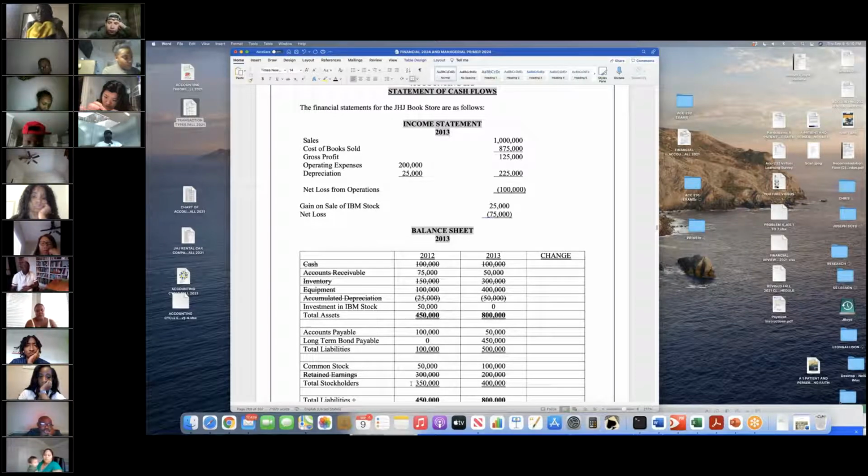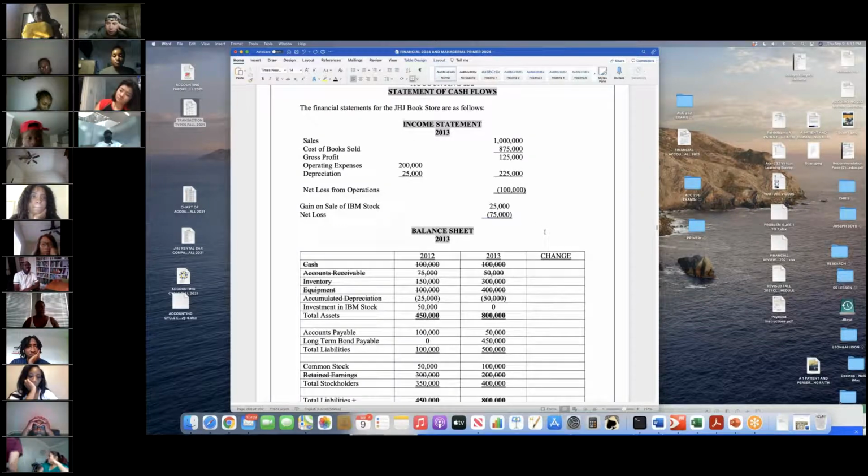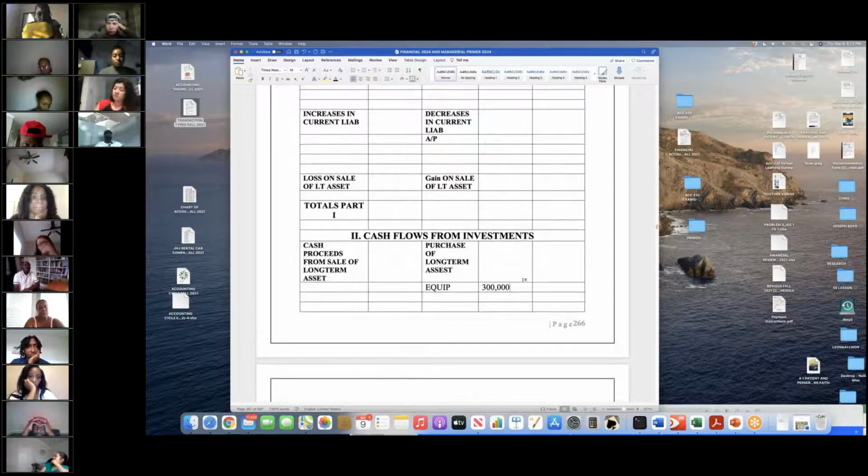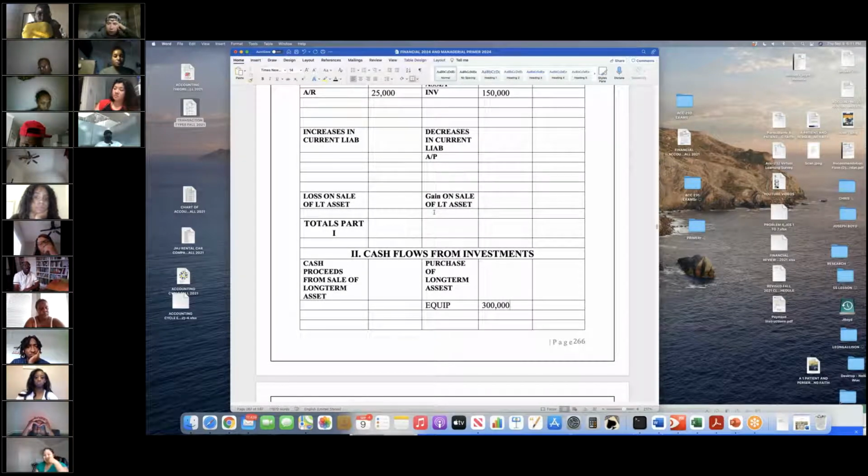No. When we sell a long-term asset, that goes in 2. Now notice the gain on the sale of the land is already in the income statement there, and so we don't want it here. The net loss from operations is what we want to see in operations. And so we're going to come up here and have the gain on the sale of that IBM stock.